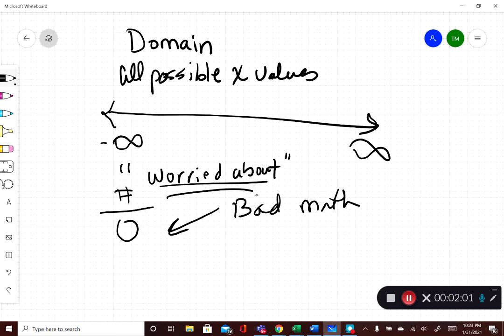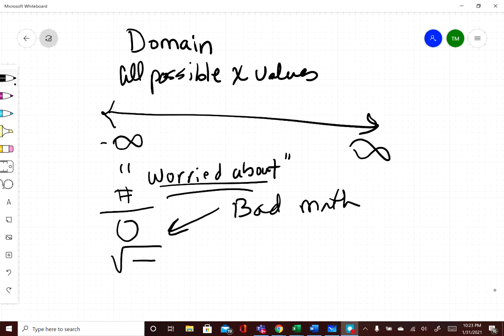Another thing we're worried about in these early stages of mathematics is a negative underneath the square root. Now a negative underneath the square root gives us an imaginary number, but when we're dealing with functions we're mostly dealing with real numbers. So this is another bad math thing.